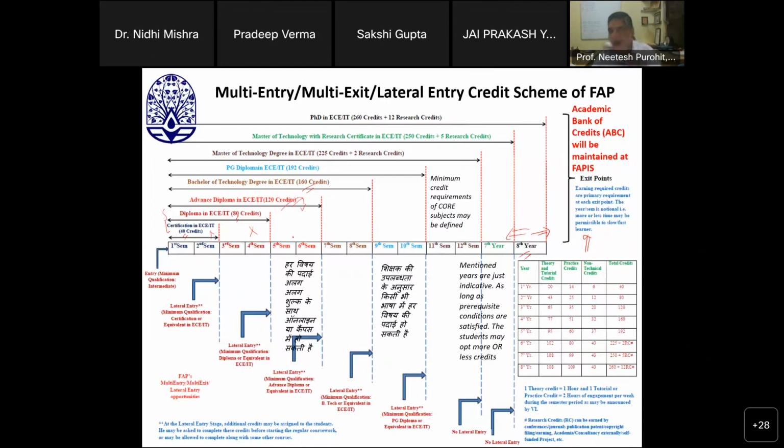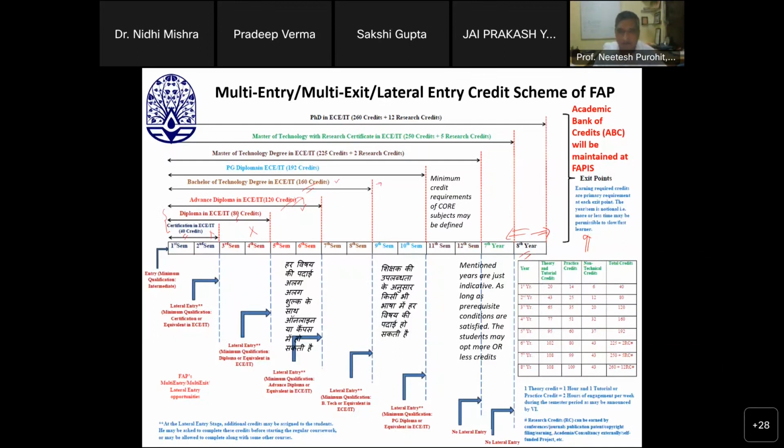As I said already, at any point of time, the person who has opted for an exit after earning 120 credits can re-enter the system. And we have defined the mechanism for this. And after entering, he can continue. So someone may opt to exit after 160 credits, or he may choose to study more.